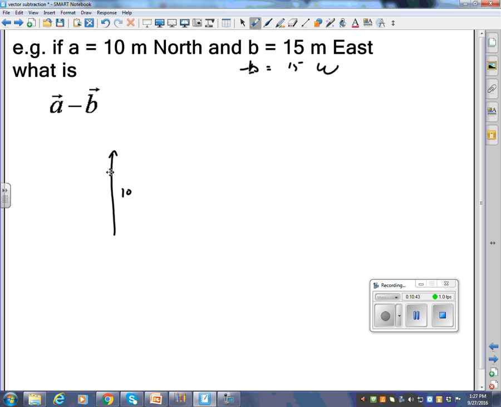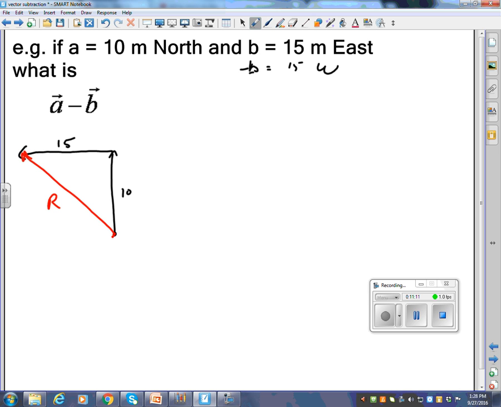Tip to tail. Opposite of east is west. Why opposite? Because it's subtract, from where you start to where you end.